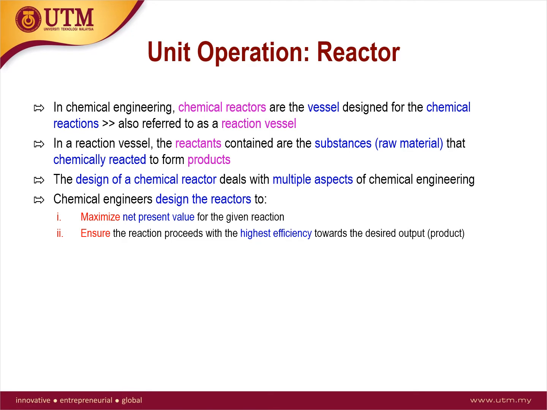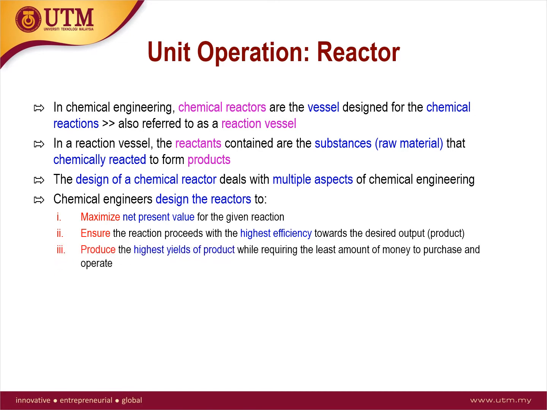As I mentioned previously, there are three types of product: desired product, undesired product, and unreacted product. So as a chemical engineer, you need to design the reaction vessel that can produce a high amount of the desired product as compared to undesired or unreacted product.